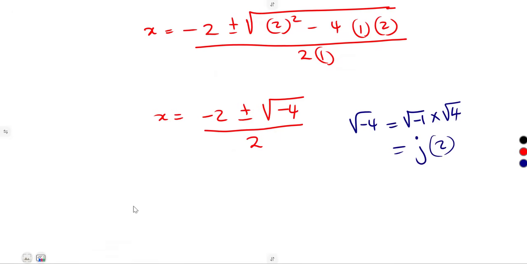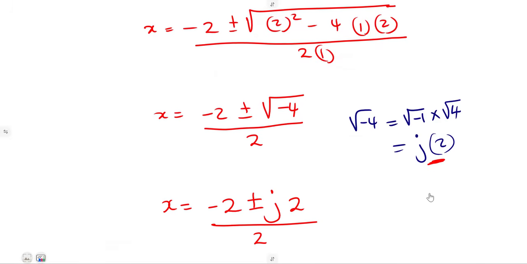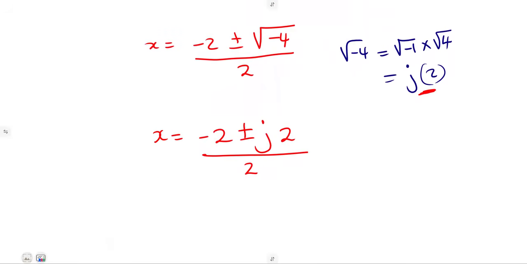So in this case, it was going to be minus 2 plus or minus the square root of minus 1 times 2, which gave us j2 or 2j. It's up to you. You can just write it as j2. Already the plus or minus is there. Everything over 2. You're done. This is what we have.